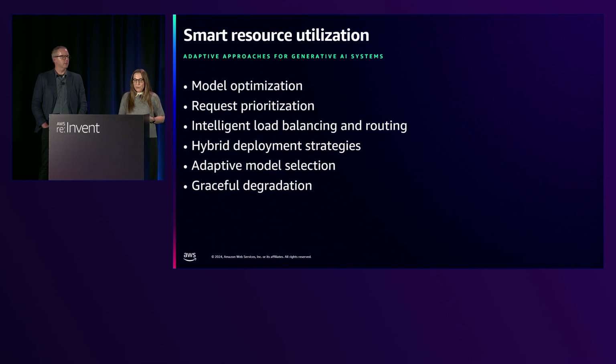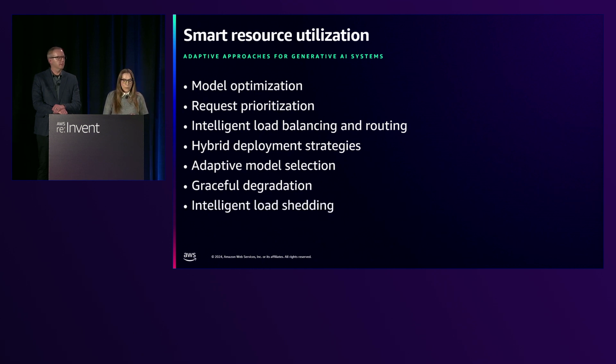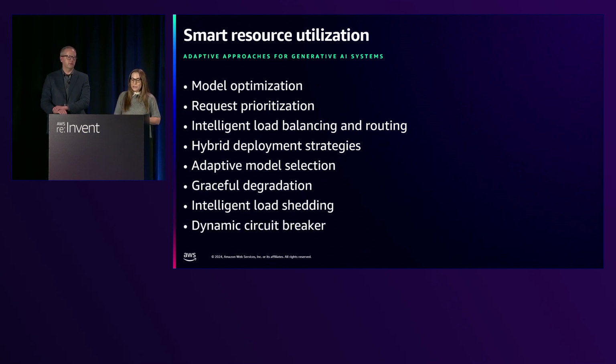We can use graceful degradation, where we're temporarily reducing the quality or complexity of generated outputs to handle peak loads. We can do intelligent load shedding, where we're using AI to determine which requests to delay or drop based on system health or business criticality. We can automatically adjust the thresholds for triggering circuit breakers based on real-time system behavior.